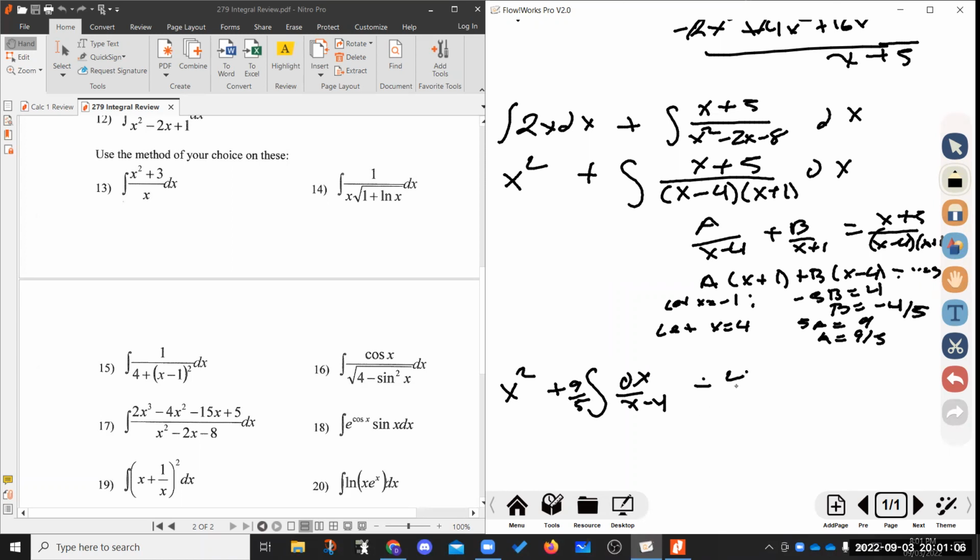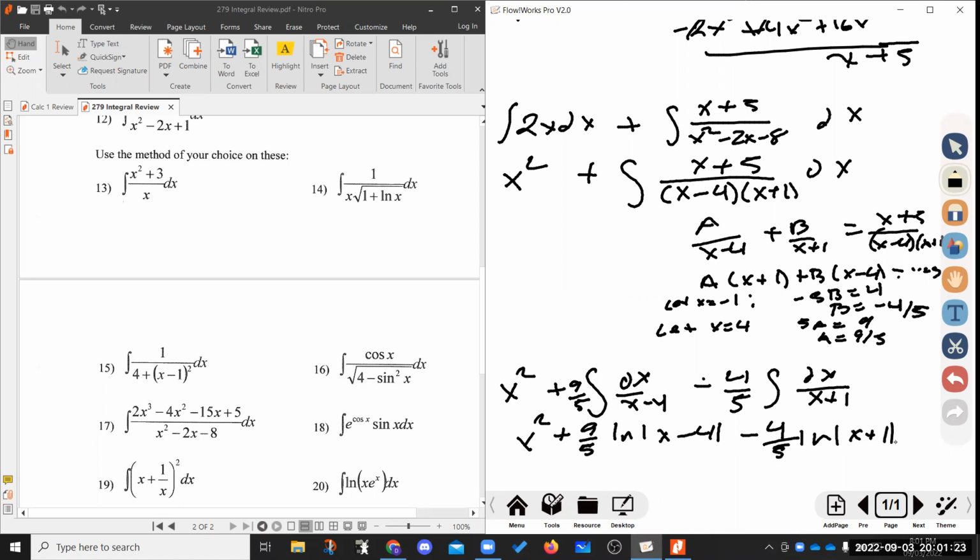There we go. dx over x plus 1. So this is going to be x squared plus 9/5 ln of x minus 4 minus 4/5 ln of x plus 1 plus c. That was number 17.